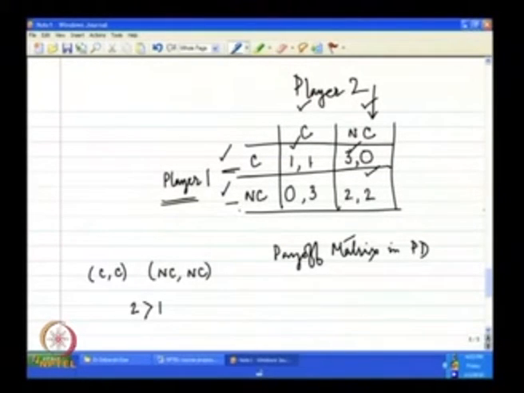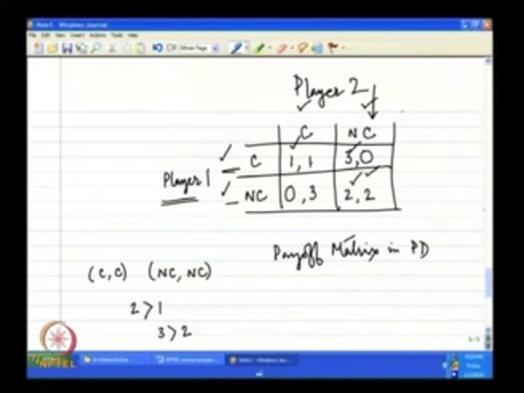If he is choosing NC, that is he is also not confessing like player 2, then he is getting 2. Now, since 3 is greater than 2, by the theory of rational choice, we know that if player 1 knows that player 2 is not going to confess, then player 1 will go and confess.